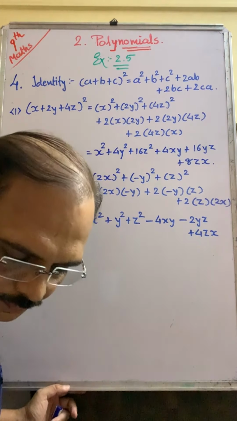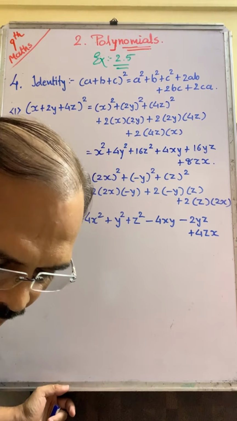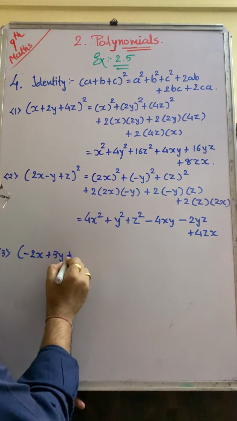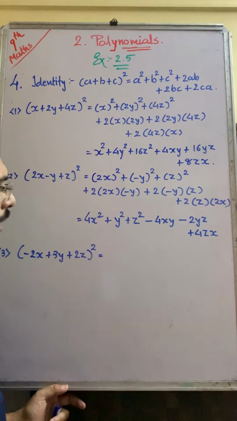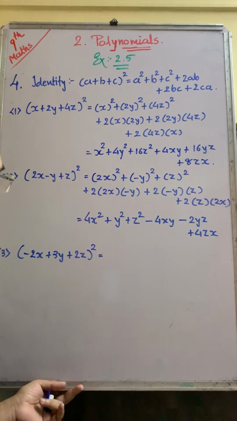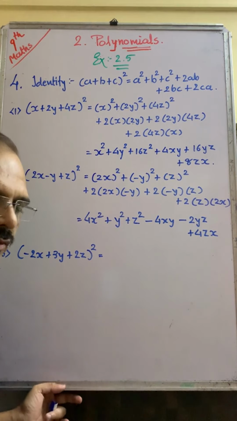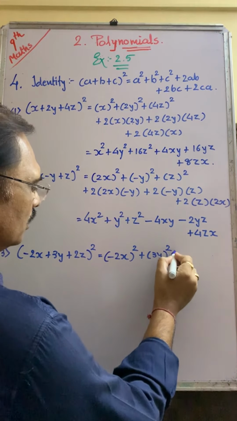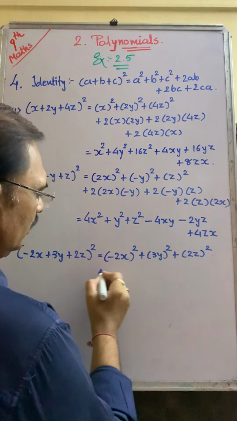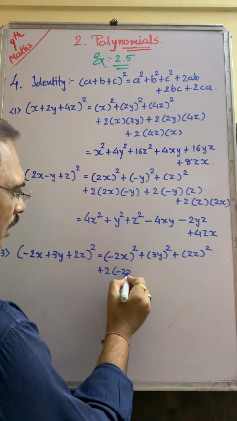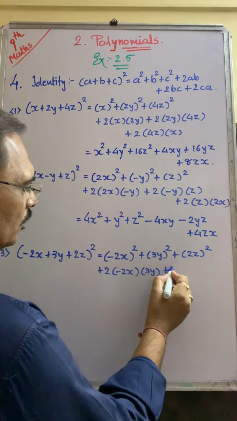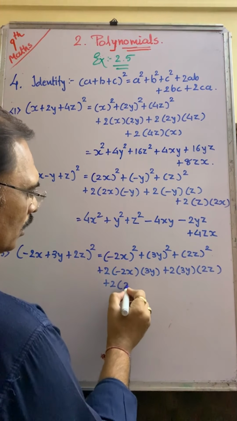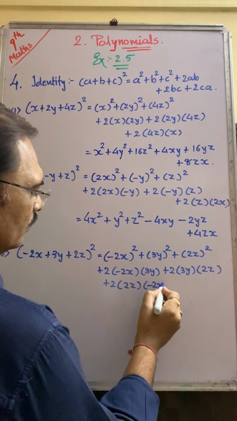Question number 3, minus 2x plus 3y plus 2z the whole square. Again, arrange in the form of the formula. A square, here a is negative, so minus 2x the whole square plus 3y the whole square plus 2z the whole square plus 2 first term second term plus 2 second term third term plus 2 third term and first term.